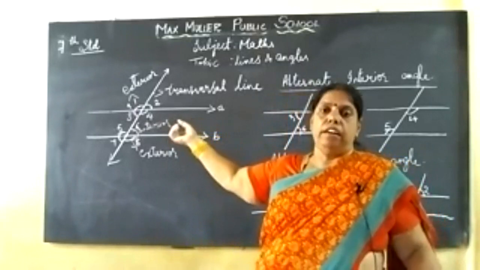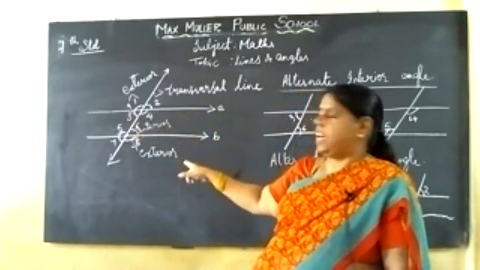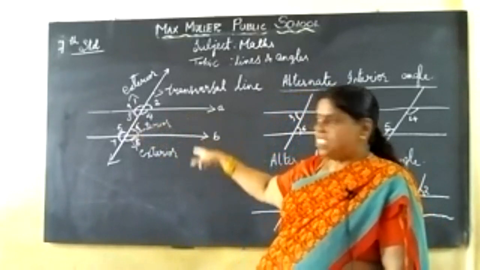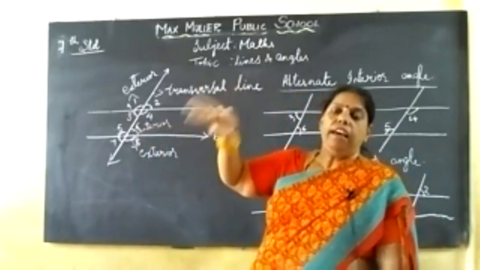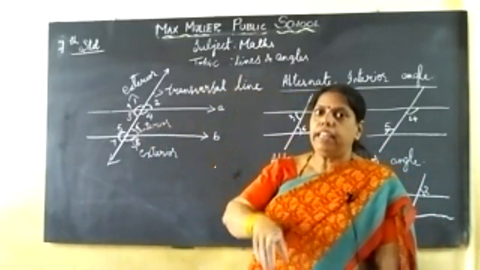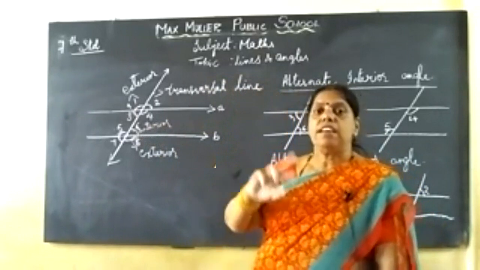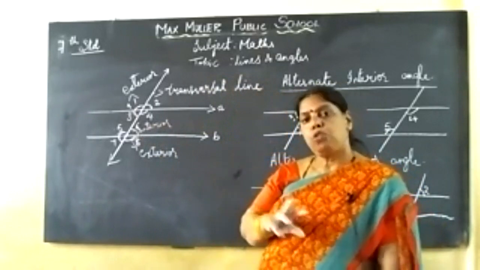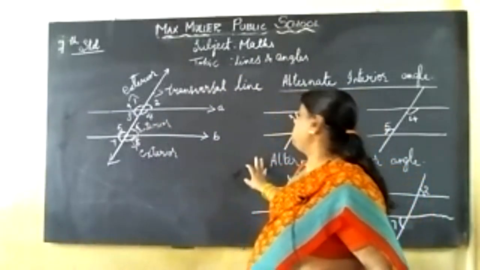Write different names like A, B, C, D, E, F, G, H. And which is exterior, which is interior, you do first. In that, which is alternate interior angle, alternate exterior angle, and which is corresponding angle. So then you will understand the perfect thing.